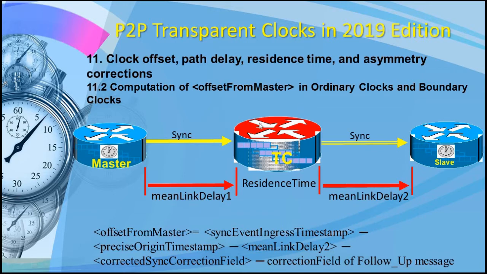So after the resident time, mean link delay number 1 and mean link delay number 2, the slave side can calculate the offset from master. This is the formula: sync event ingress timestamp minus precision origin timestamp minus mean link delay number 2 minus correction field of sync message minus correction field of follow-up message.